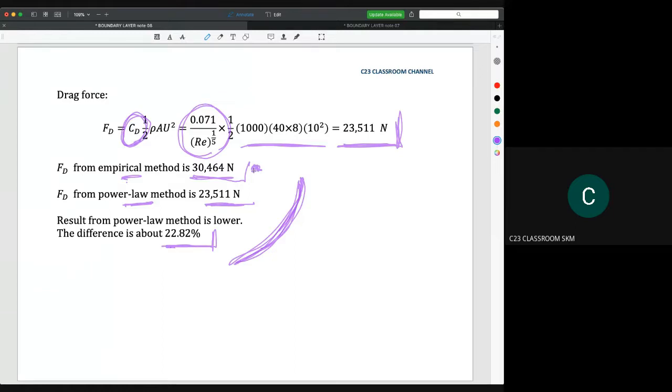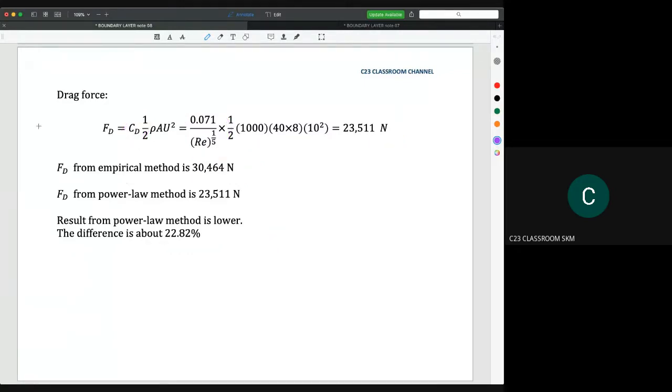It is because, as I said previously, the equation that comes out from the empirical method is actually the curve fitting from the experimental works.